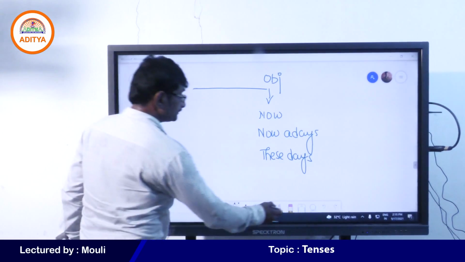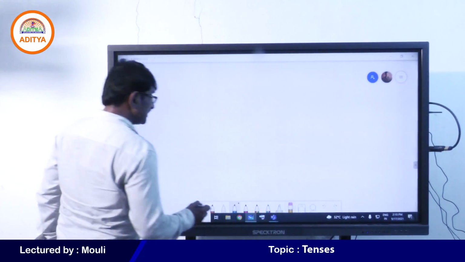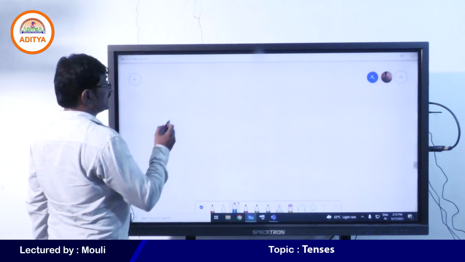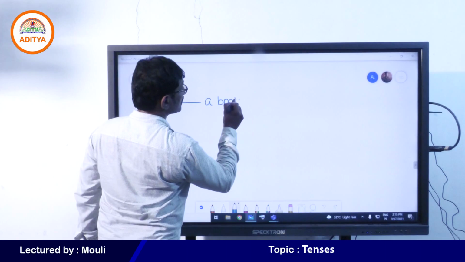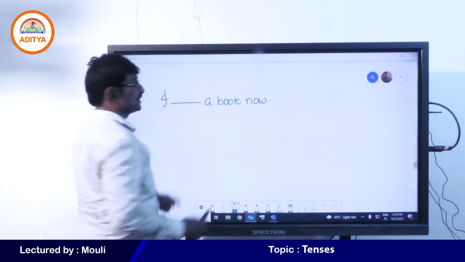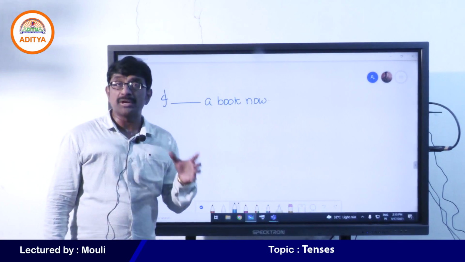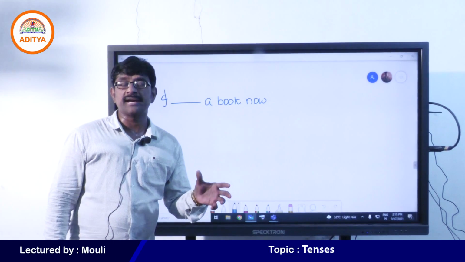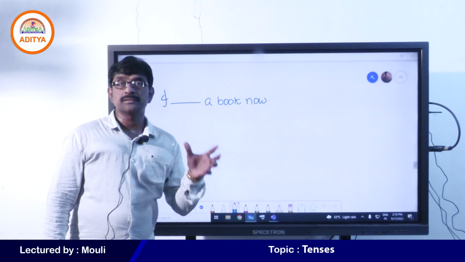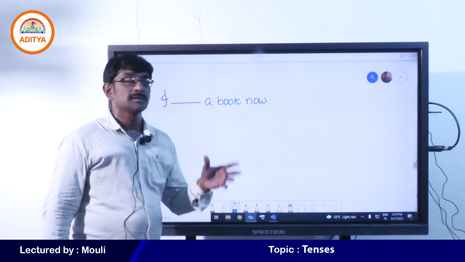Okay, students, now in the exam it is given like this: I dash a book. So how can we identify the right choice from these?